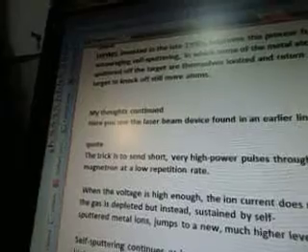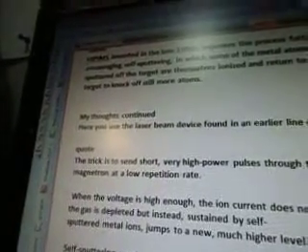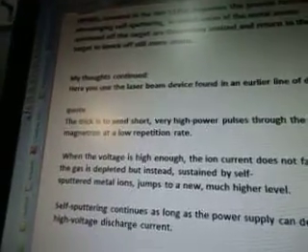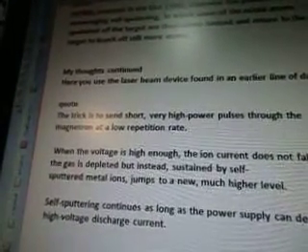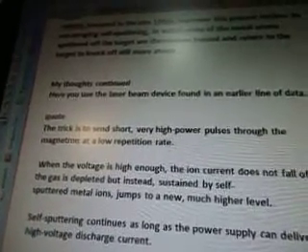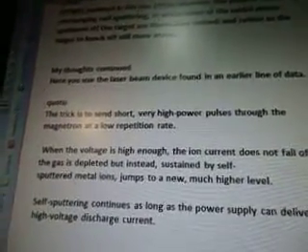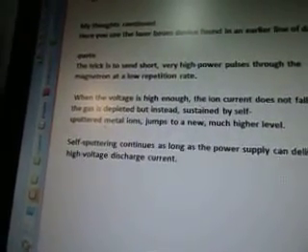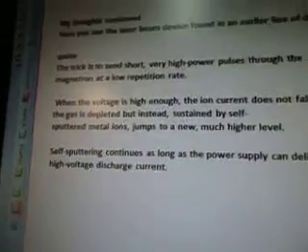Quote, the trick is to send short, very high power pulses through the magnetron at a low repetition rate. When the voltage is high enough, the ion current does not fall off as the gas is depleted, but instead, sustained by self-sputtered metal ions, jumps to a new, much higher level. Self-sputtering continues as long as the power supply can deliver a high voltage discharge current.